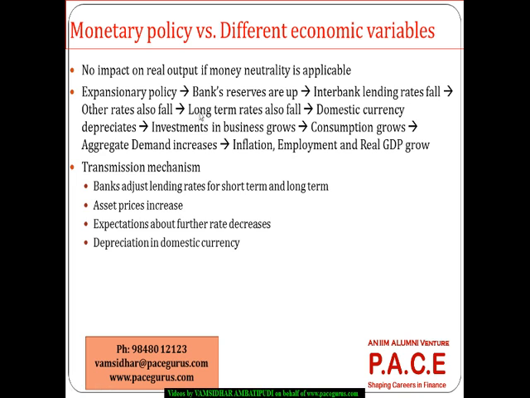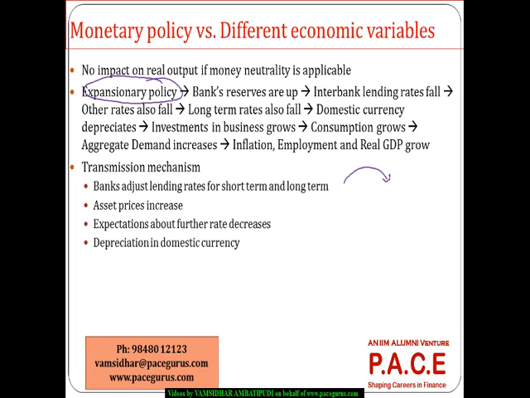Then we can see that monetary policy can impact different economic variables in different ways. Let's assume that the country has come out with an expansionary policy. This expansionary policy results in more and more money supply coming into the banking system.